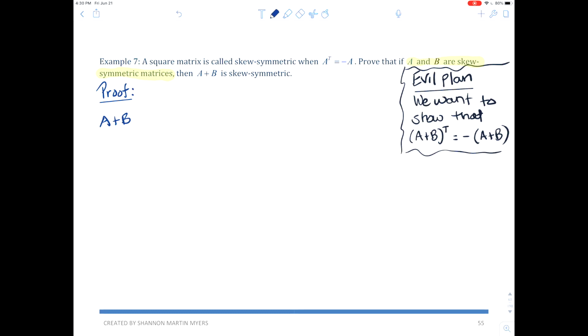A plus B transpose equal to A transpose plus B transpose. Good so far? What is that by? Property of transpose.